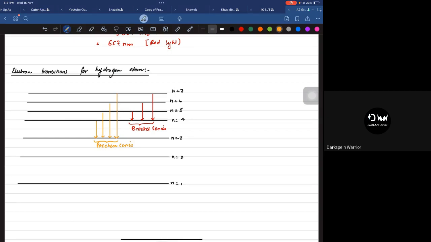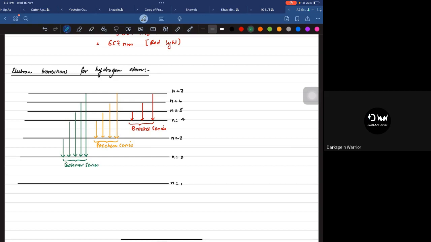And then the jumps which are much higher than this, 7 to 2, these are called Balmer series.